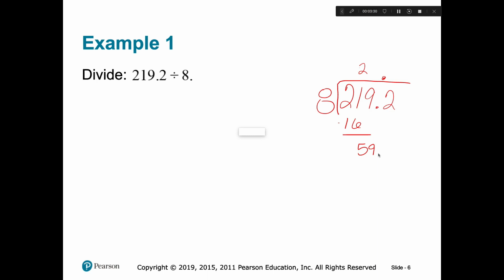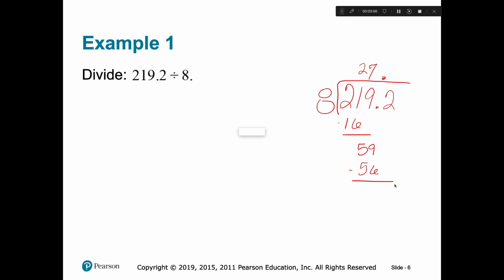Drop down my 9. 8 goes into 59 how many times? 7 times 8 is 56. Subtract, 59 minus 56 is 3.